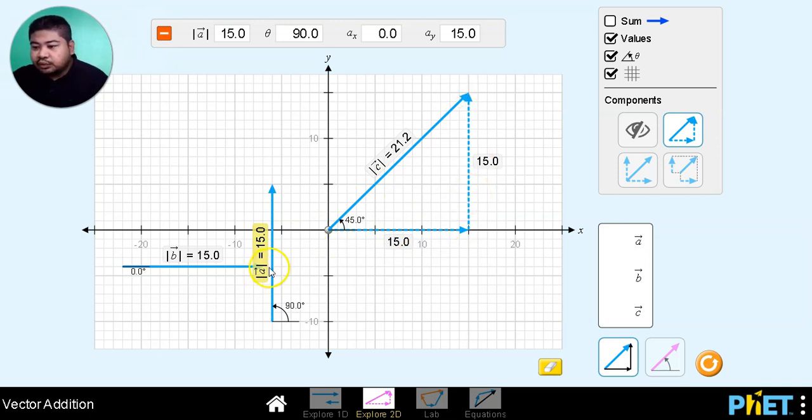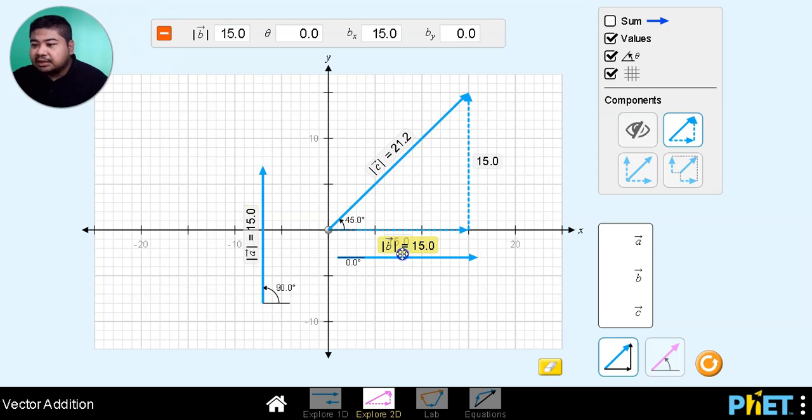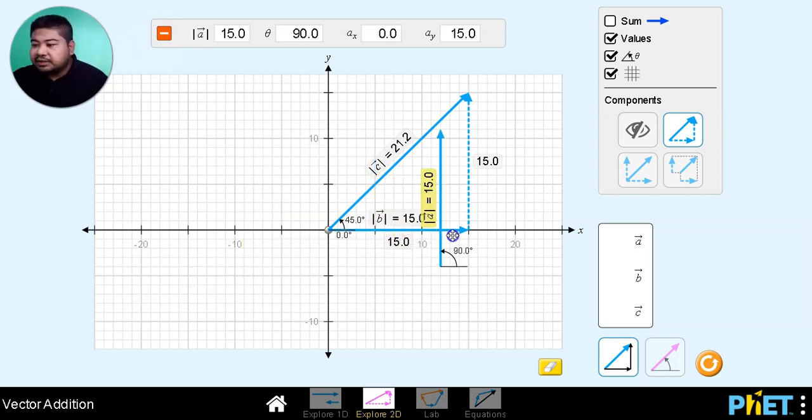This is the horizontal. If you add back the horizontal component of the vector with the vertical component of the vector, you will get back the diagonal vector. So this is when you combine. Resolving means you break up vector C into its horizontal vector and vertical vector.